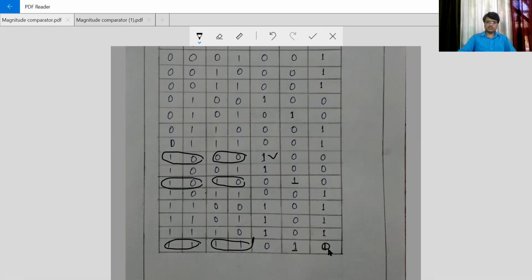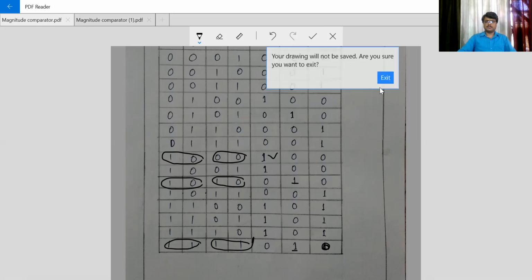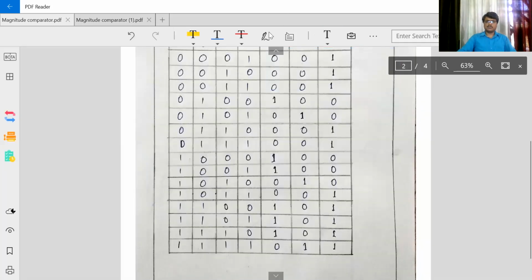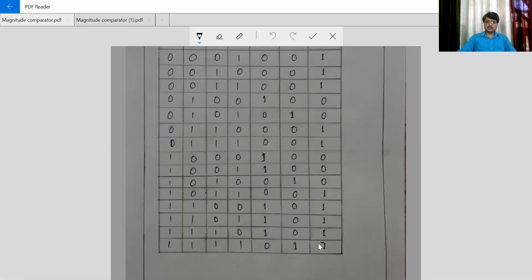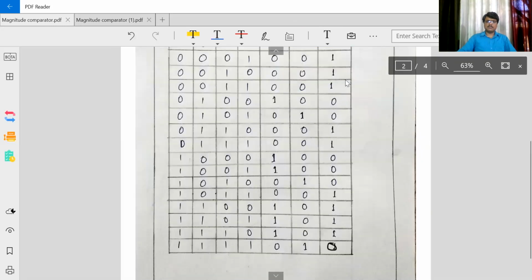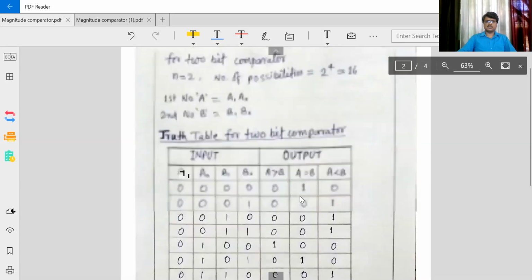Two outputs cannot be high at a time. If there are any mistakes in the truth table, please go through it. I have taken care to avoid errors in making this truth table.